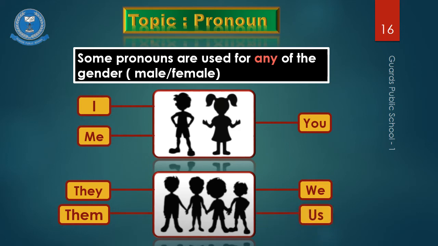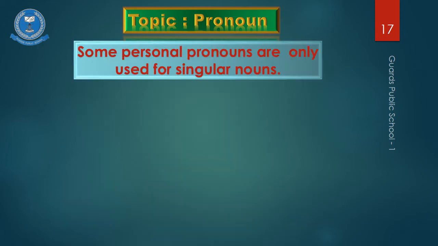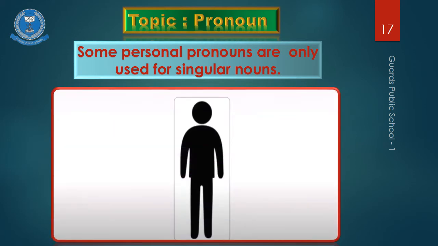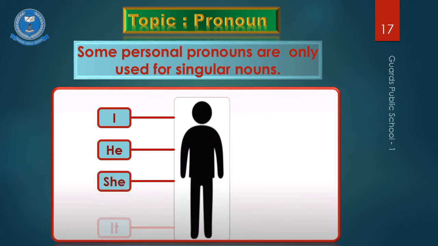I hope it's clear. So some personal pronouns are only used for singular nouns. अब singular nouns जब हम किसी भी एक चीज़ के बारे में बात कर रहे होंगे तो उस वक्त हमारे पास कौन से pronouns यूज़ होंगे? So we have I, he, she, it.